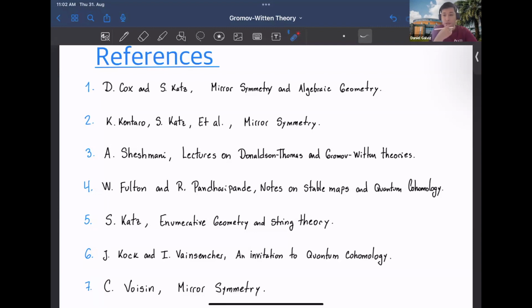It's really well written by David Cox and Sheldon Katz. But if you are a physics student and you want to understand the physics and the motivation for all this, then I recommend the second, which treats in really well detail every aspect of mirror symmetry and also Gromov-Witten theory. It has really amazing authors.